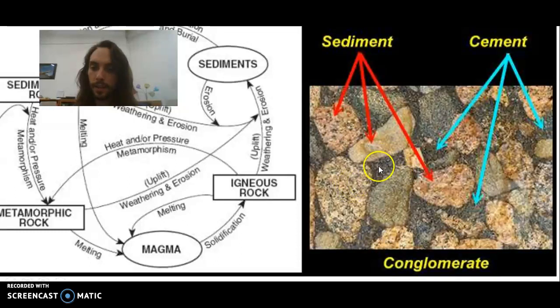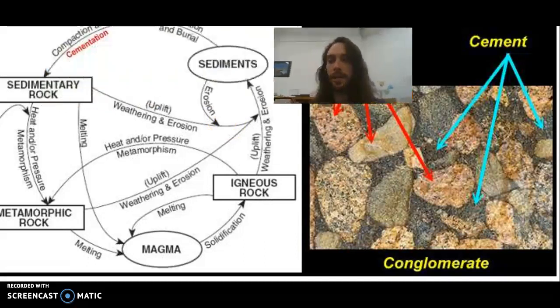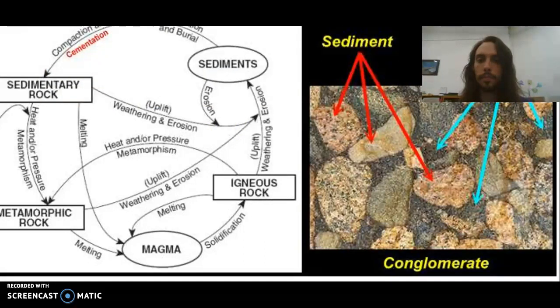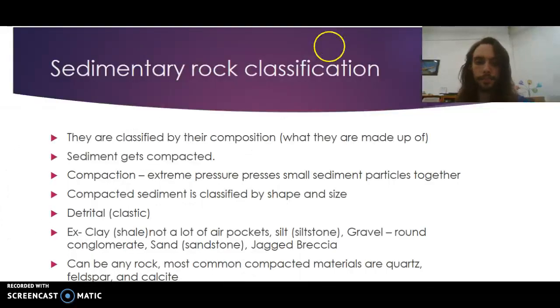And all these pore spaces in between that are filled up with little rocks, that's the cement that causes the cementation. So this is probably one huge boulder that we call a conglomerate. It's been pressed down over years and years and compacted and cemented to form basically a boulder, or a big sedimentary rock.